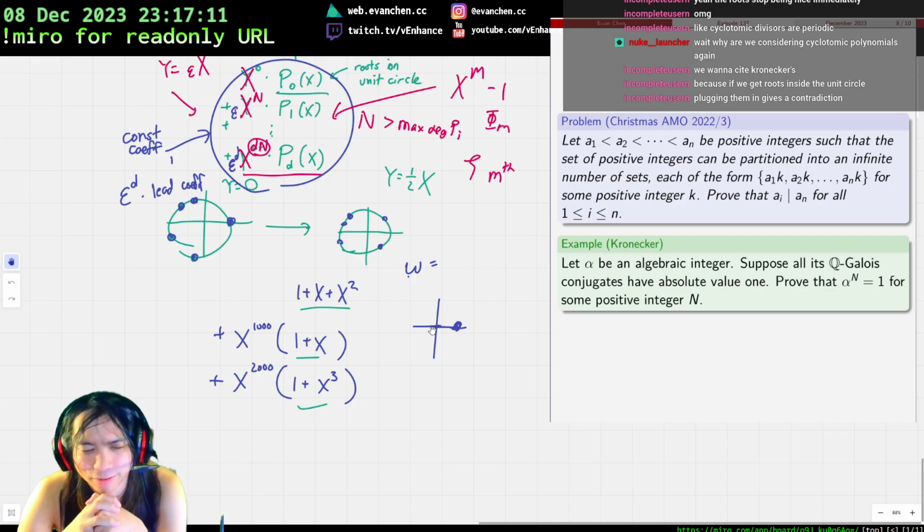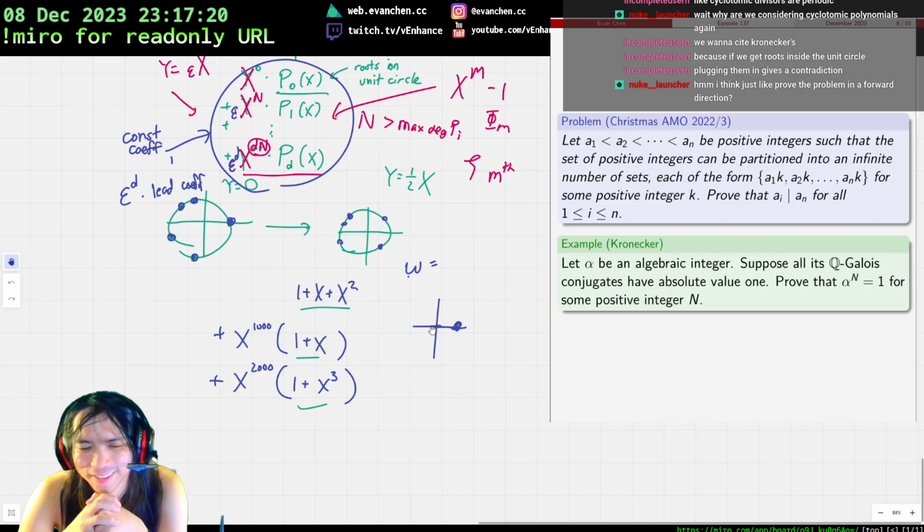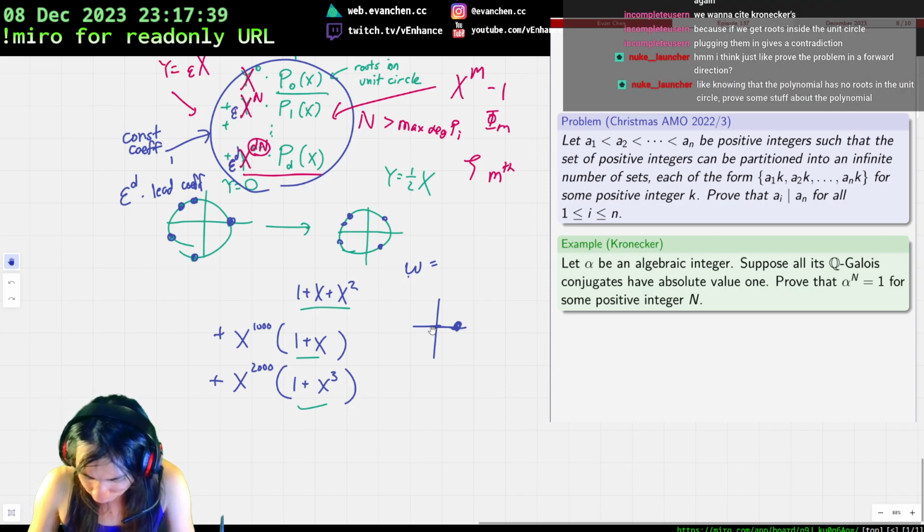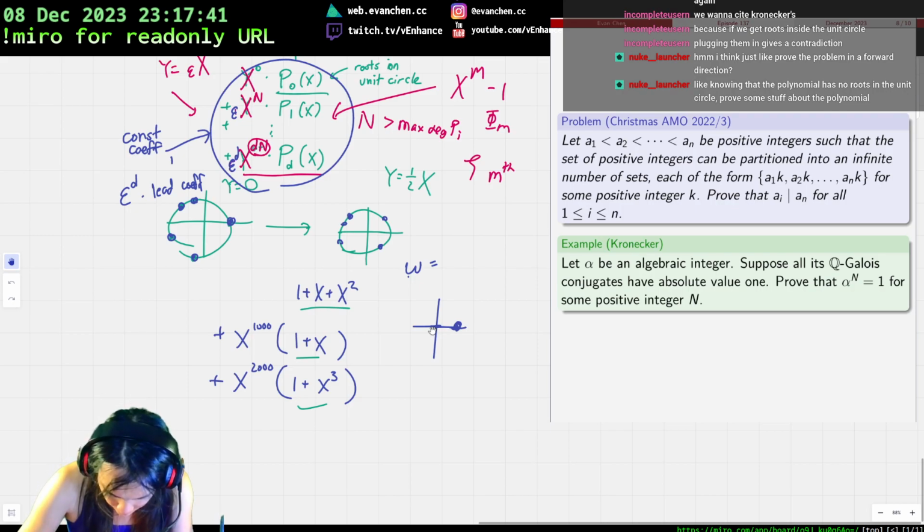Okay, I guess I should do the continuous version, huh? Okay, so you're telling me that I'm not supposed to do the integer version, I should be doing the continuous version. Okay, fine. We'll do the continuous version, in which case we're definitely bringing this epsilon back.